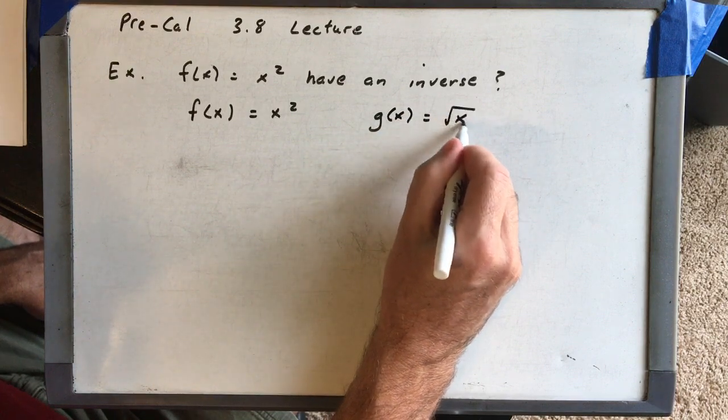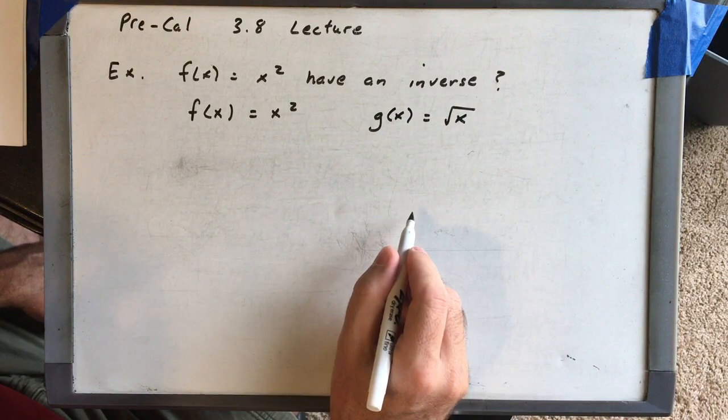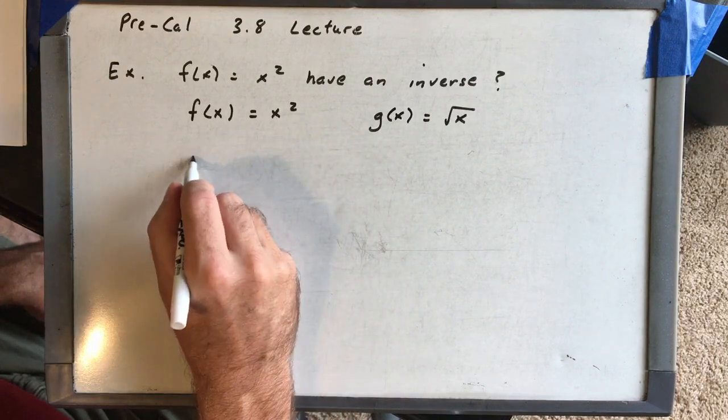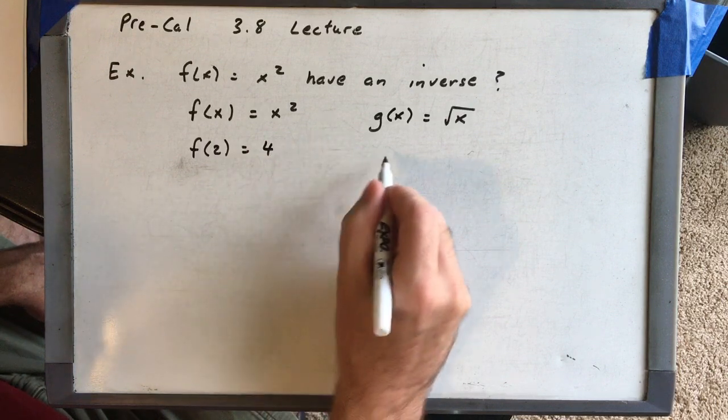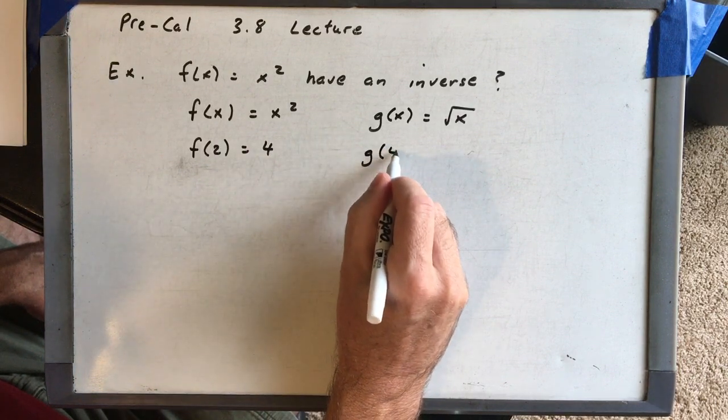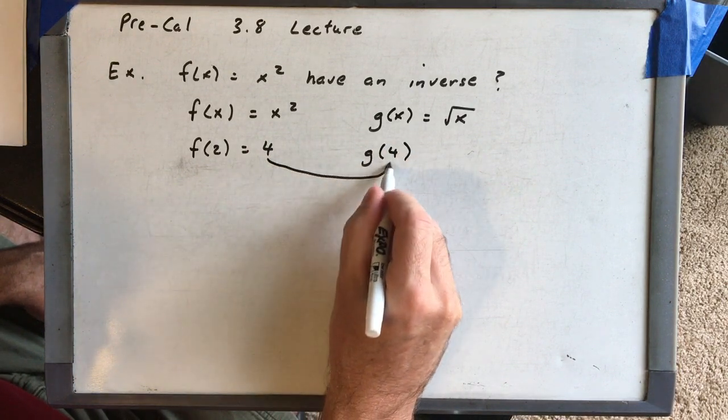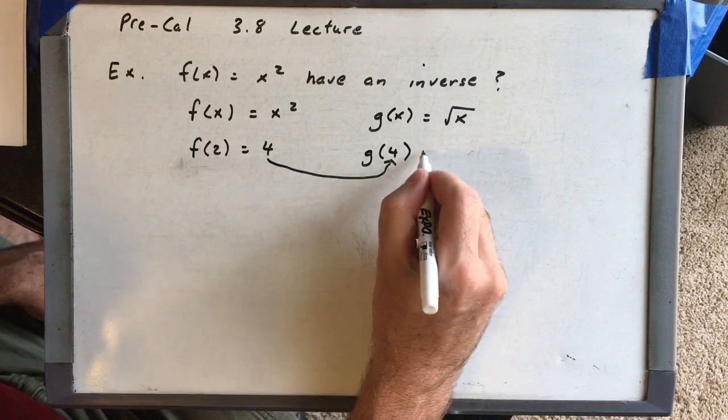That'd be a good guess. Okay, so let's see if that works. So f of 2 is equal to 4, right? And then we would plug that into g, and we would expect to get 2. And we do.